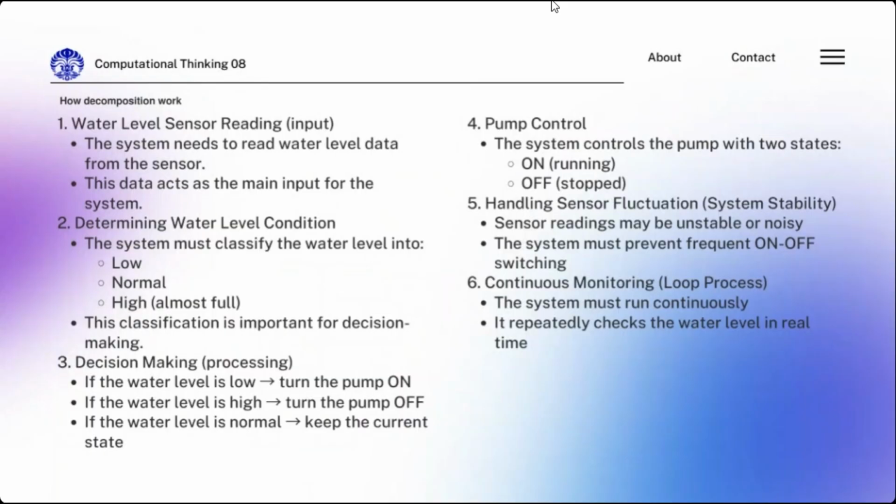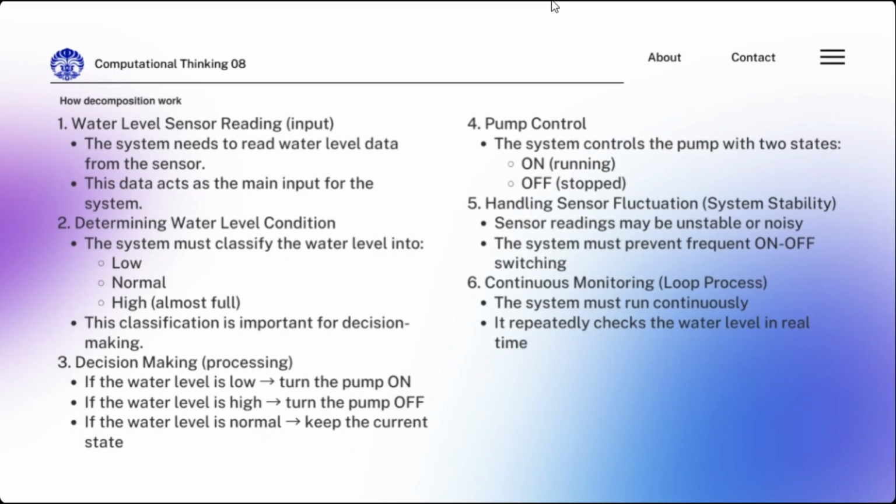How does decomposition work? The first one, water level sensor reading, is the input. The system needs to read water level data from the sensor, and the data acts as the main input for the system. Second, determining water level condition. The system must classify the water level into low, normal, and high.